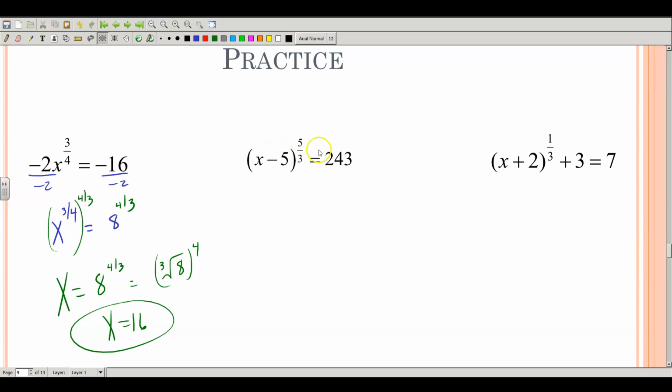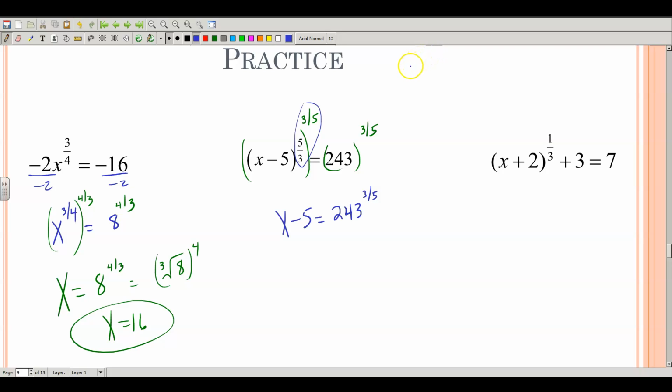Second one. (x - 5)^(5/3) = 243. So we're going to raise this one to the reciprocal, to 3/5, because the original exponent there is 5/3. So therefore we're also going to raise 243 to the 3/5. These exponents will cancel, and we'll get x - 5 = 243^(3/5).